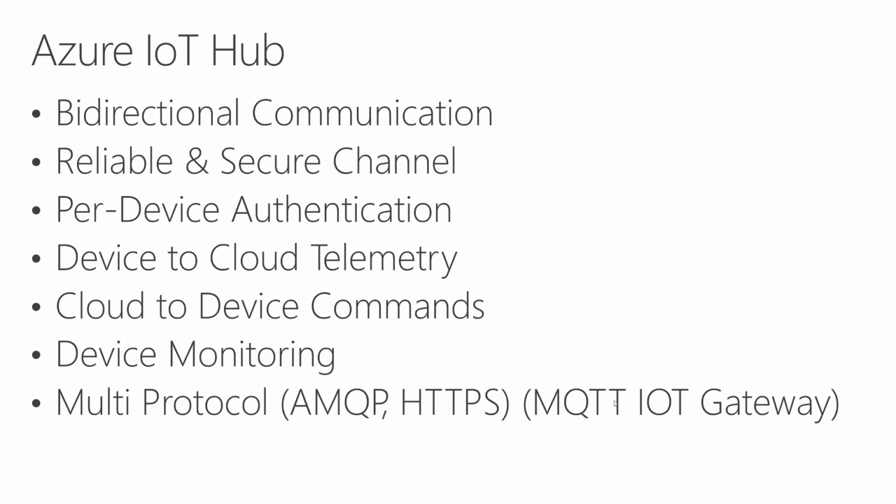And then you have device monitoring. You need to know if a particular device is connected or not, and so on and so forth. And all these features support multiple protocols. You can have AMQP, HTTP, or use the MQTT IoT gateway to accomplish that as well.